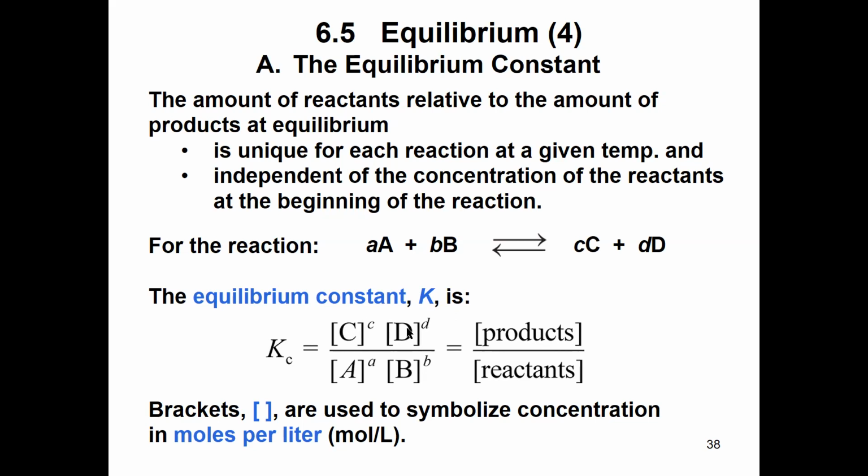For example, here using the generic form, it's the concentration of C, one of the products, multiplied by the concentration of D, the other product. But there are also exponents.